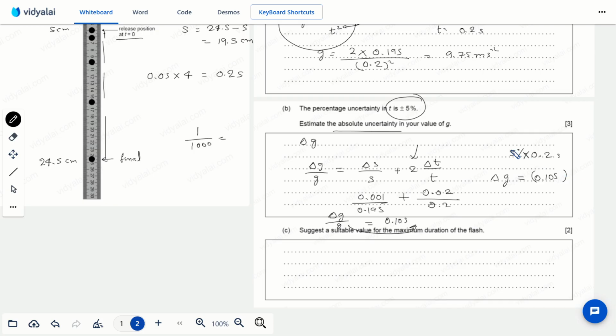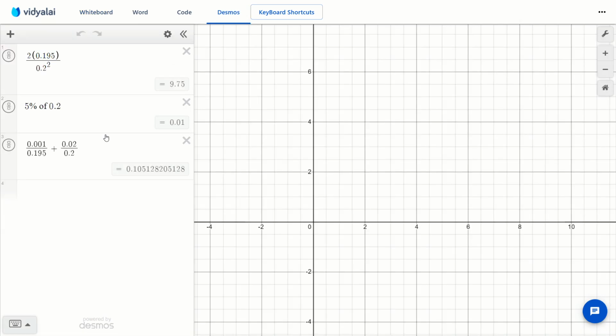And the value of g obtained in the first part, in part A, is 9.75 meters per second squared. And instead of using an approximate value that I have noted in that part, I'm just going to multiply this whole thing by 9.75.